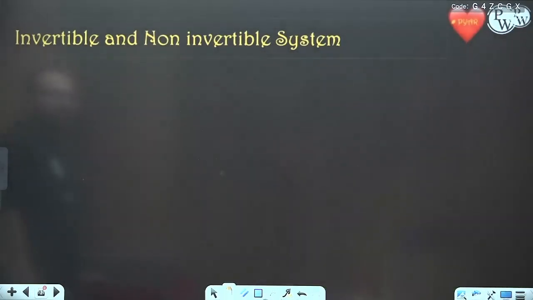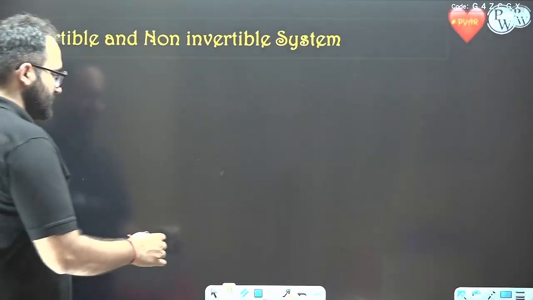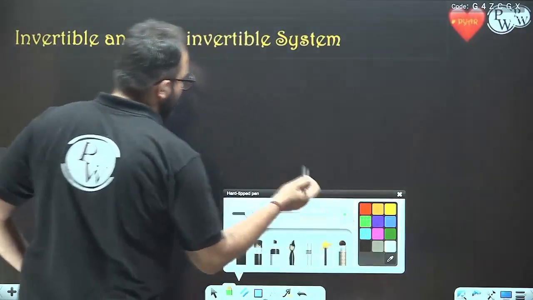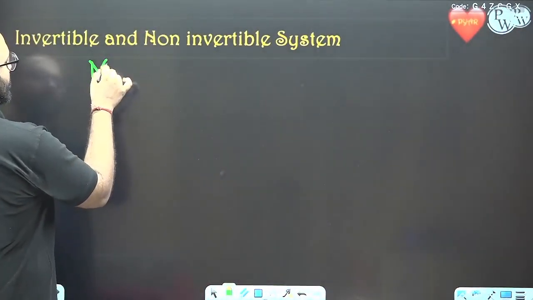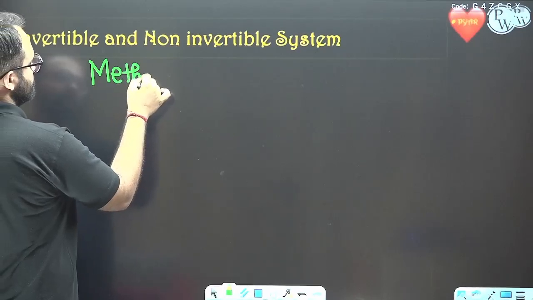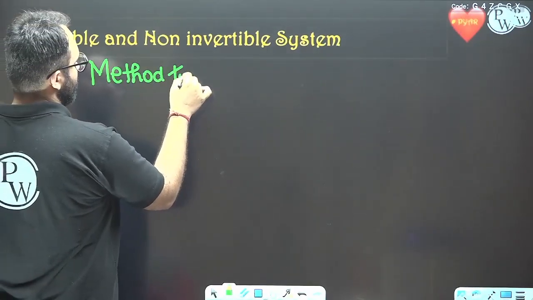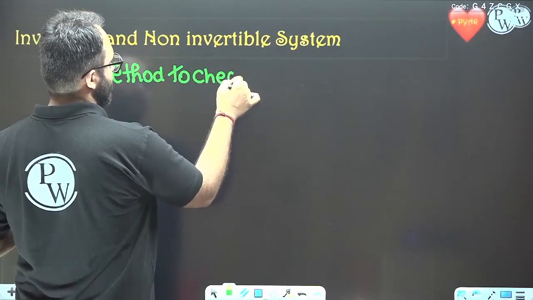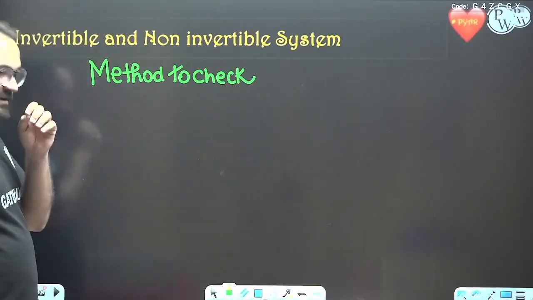Now, what is the method to check? The method to check is very simple.